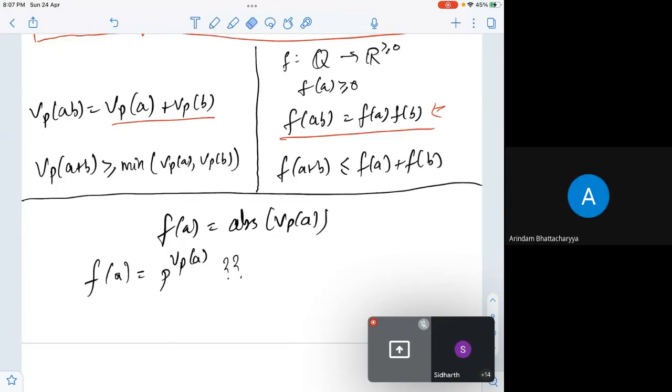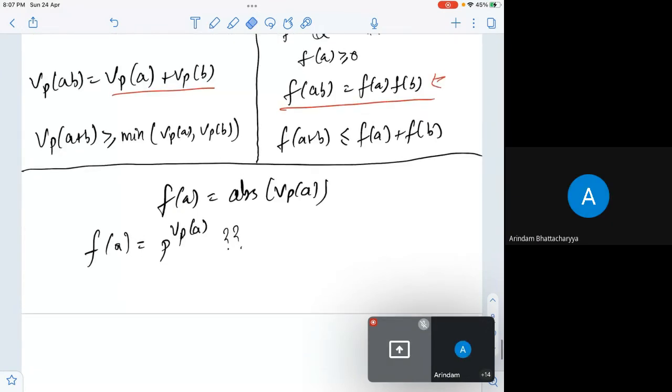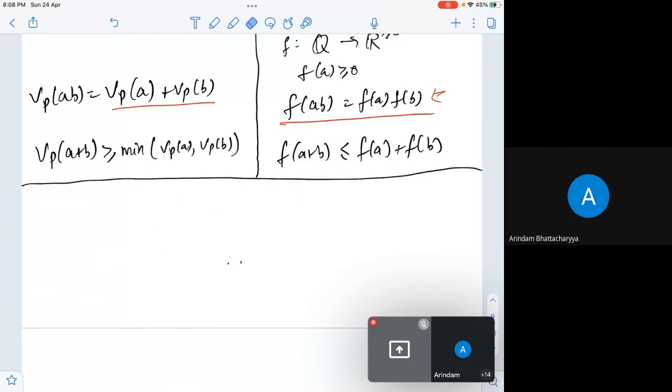Yeah, exactly. So this is the thing that works. So this clearly works. This also works.